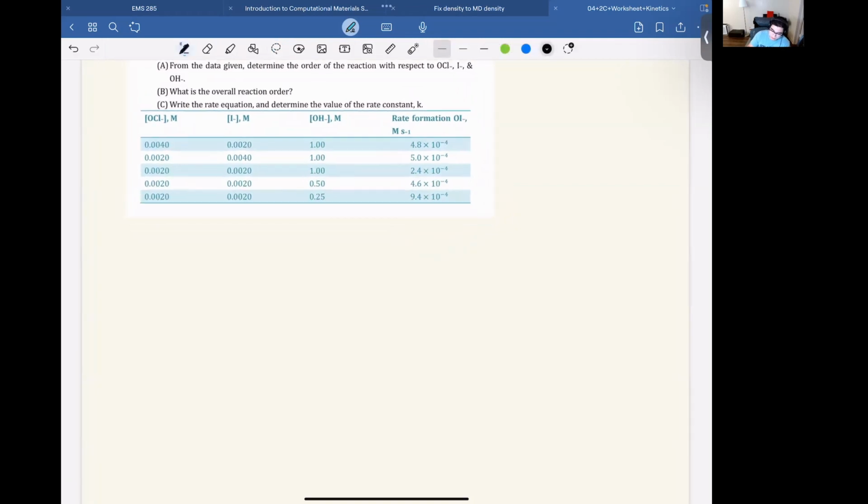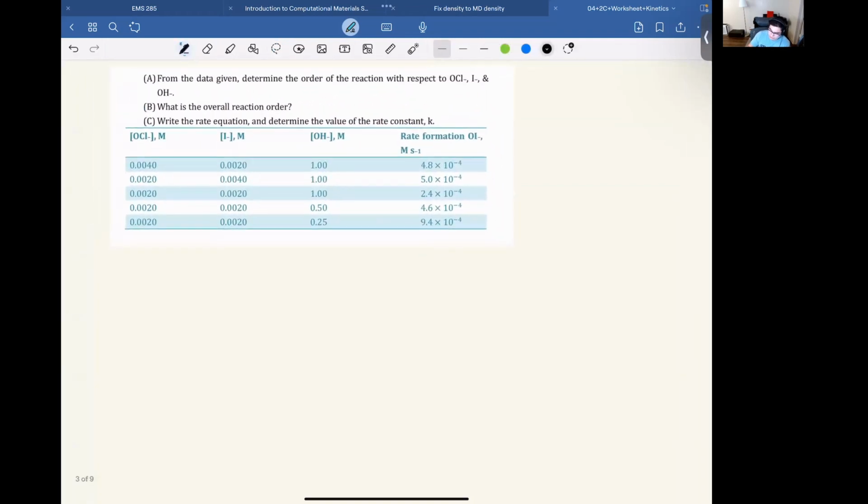All right. So when you're looking at determining the order of the reaction with respect to each of these, you're really just finding the powers in the rate law.